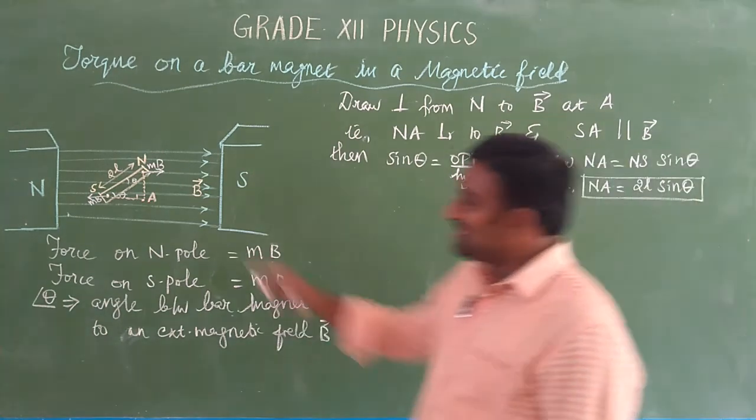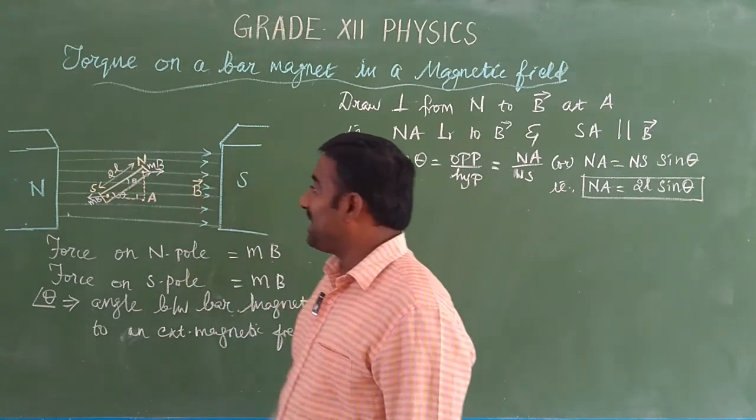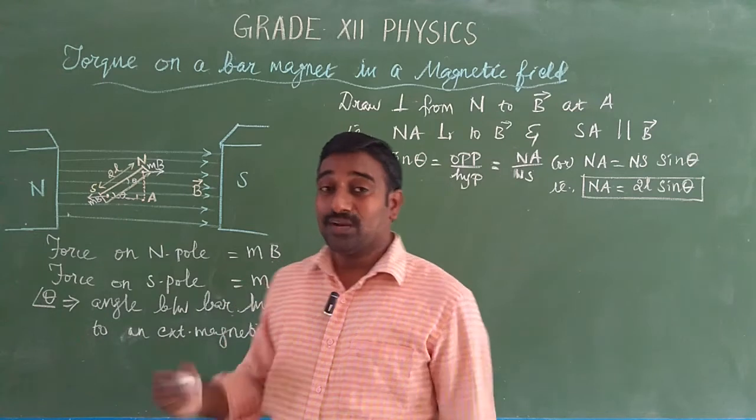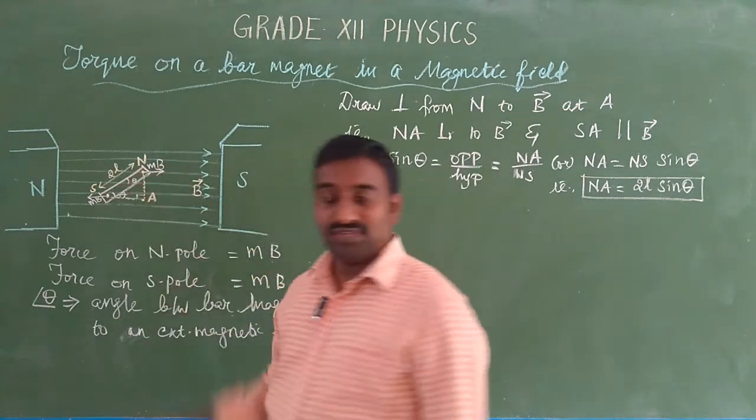Now, by placing the magnet at an angle theta in an external magnetic field, this bar magnet experiences a torque. What is the reason for the torque? Equal and opposite forces.